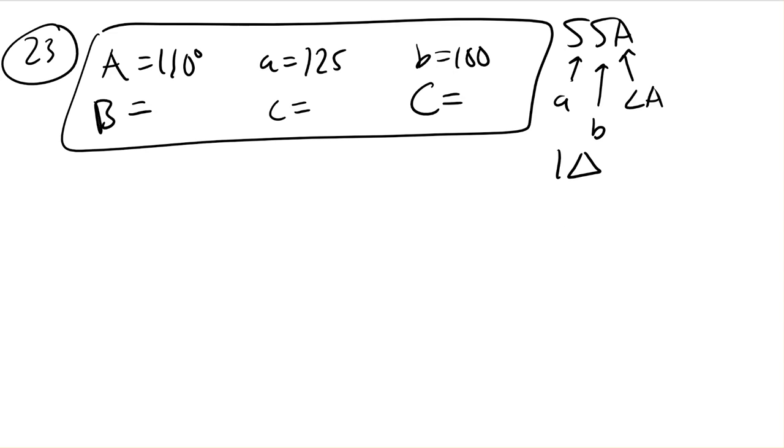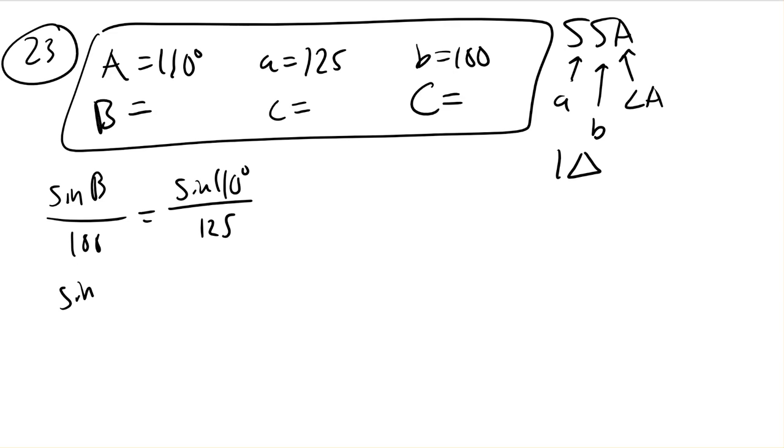That's not an answer, but the significance is that now I'll just use the law of sines, and whatever numbers I get are the numbers I get. I don't have to question whether they actually work, and I don't have to question whether there's another case out there to be found. So I could do sine of B over B equals sine of A over A. Cross multiply, or just multiply both sides by 100.